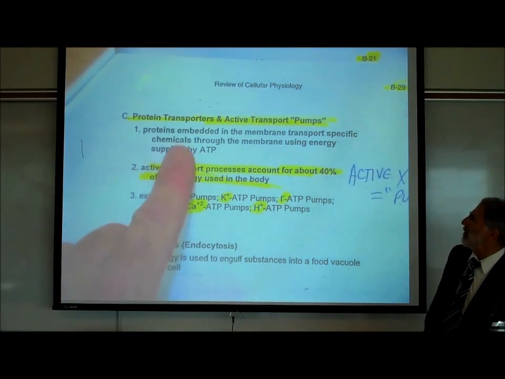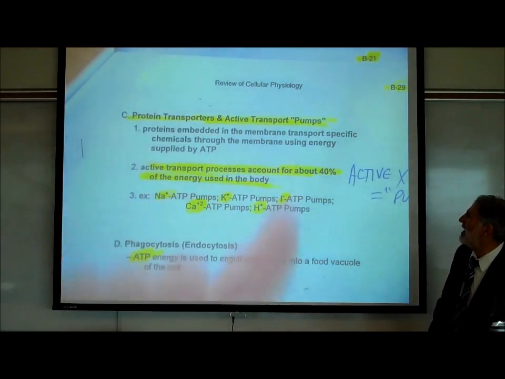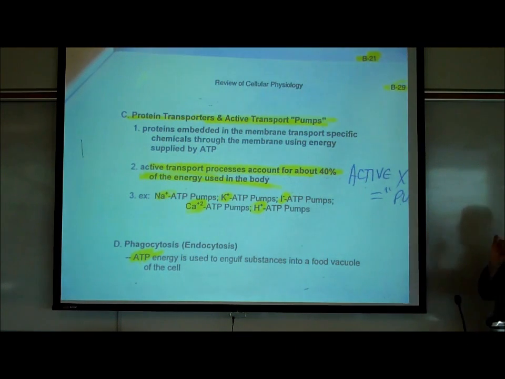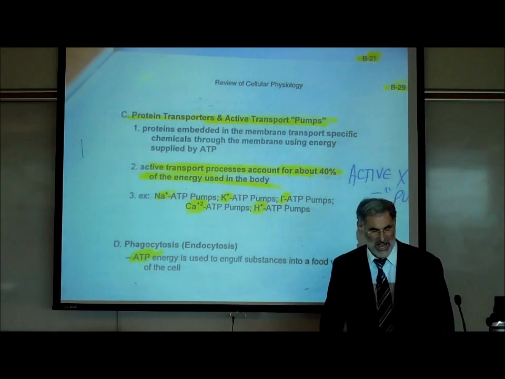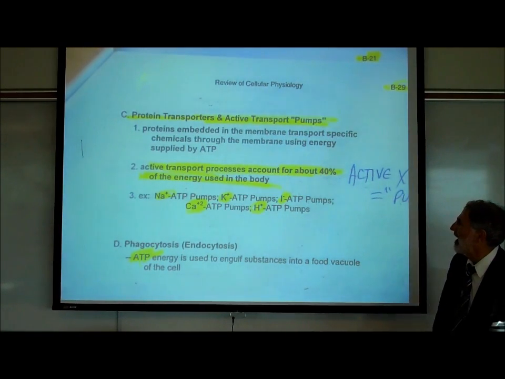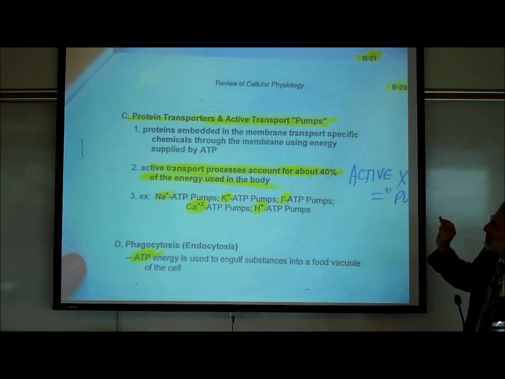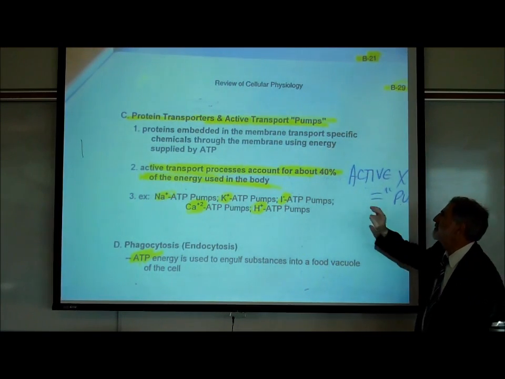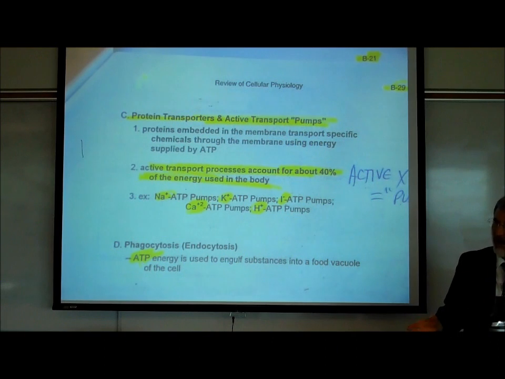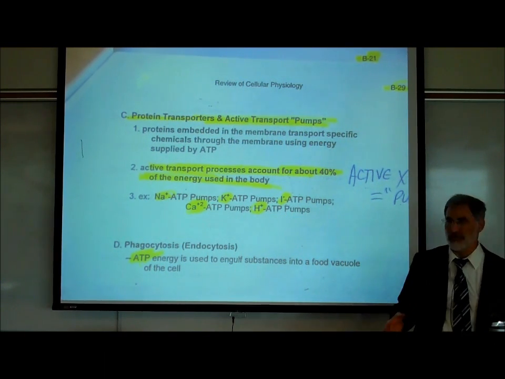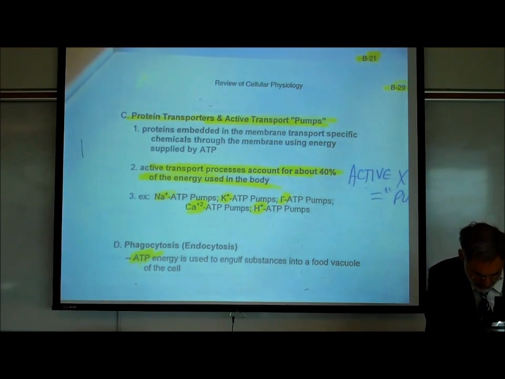So we wrote that there are proteins embedded in the membrane that transport specific chemicals. There is specificity through the membrane using energy supplied by ATP. Well, it uses ATP if it's active transport. If it doesn't require energy, doesn't require ATP, it's called passive transport or facilitated diffusion.